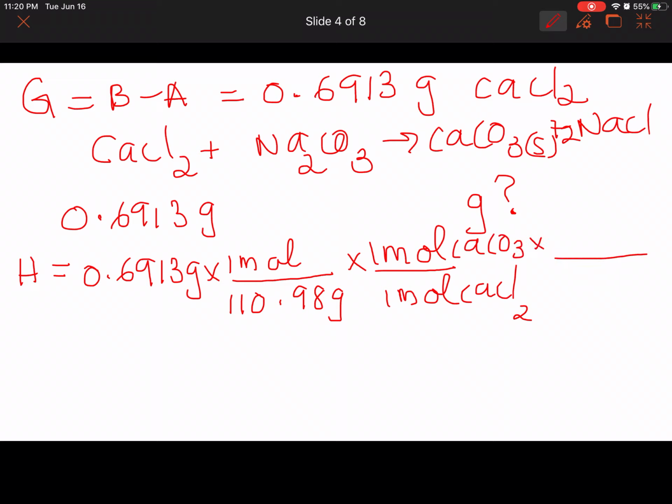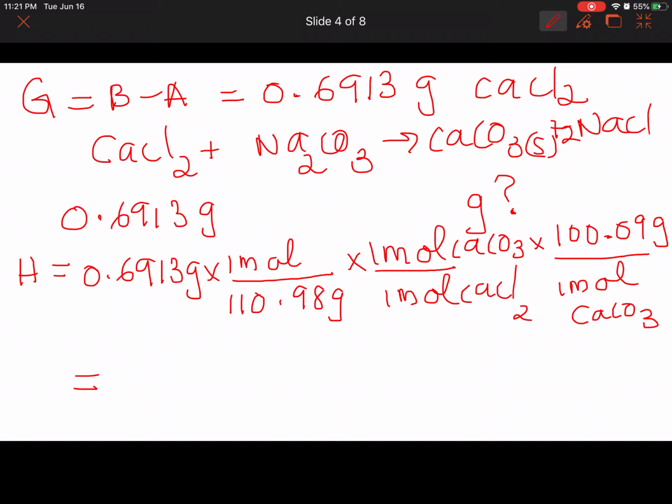And then the next step, if you want to find out the mass, you're going to convert this to grams. So 1 mole calcium carbonate is the molar mass of calcium carbonate, which is 100.09. Again, you guys do the calculation for these molar masses.